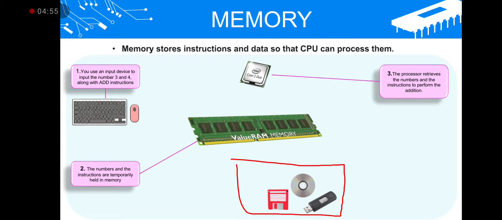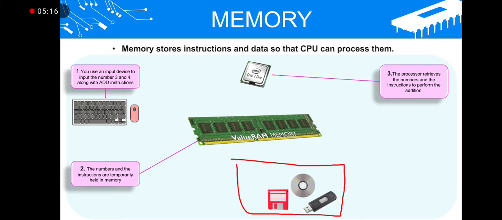The processor takes the instructions from the memory and executes it. In the processor, there are ALU and CU. The 3 plus 4 value will go to the ALU.